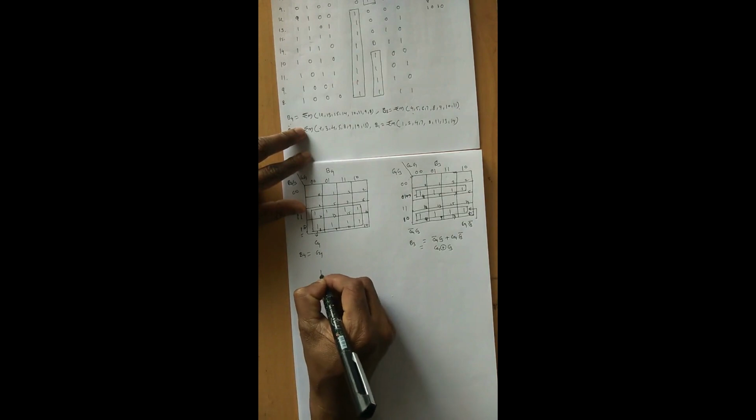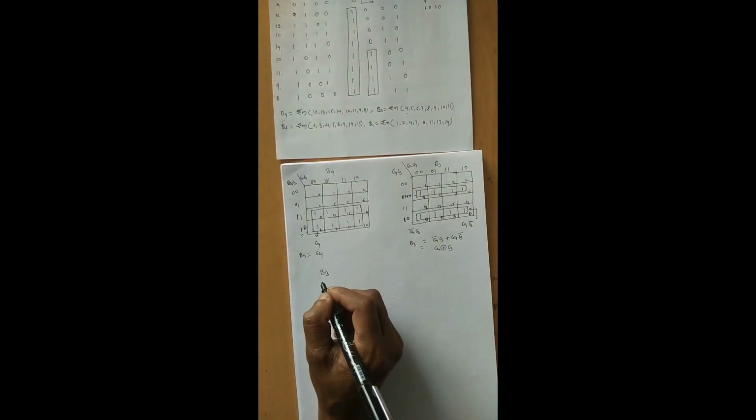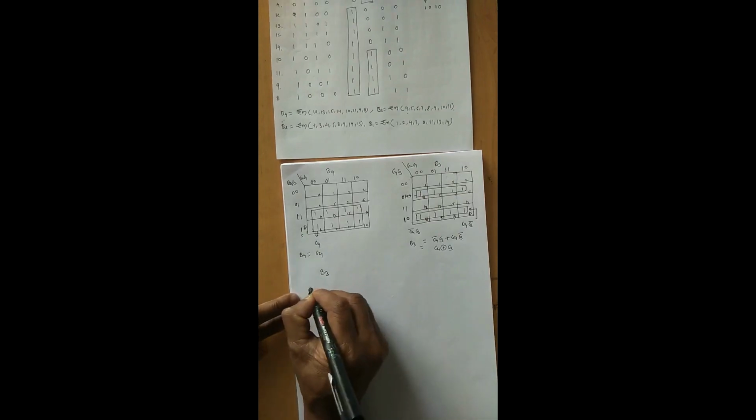Okay, then go through with the next one, that is for B of 2. We need to find out the B of 2. So for B of 2, again draw a 4 variable K-map.